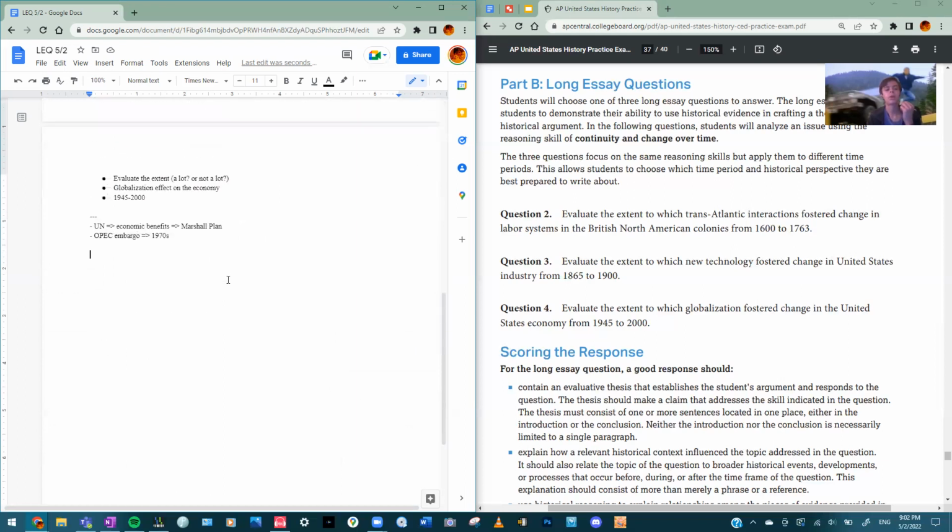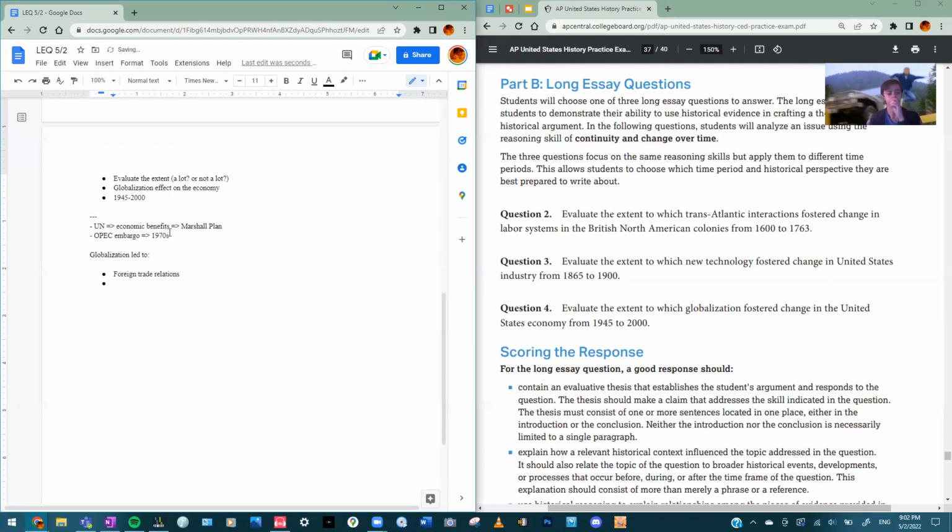Now the lines of reasoning. I'm going to say, okay, how did globalization change affect the economy? Well, I can say globalization led to, and the two things that I'll say are foreign trade relations, and that's how I'll use the OPEC embargo.